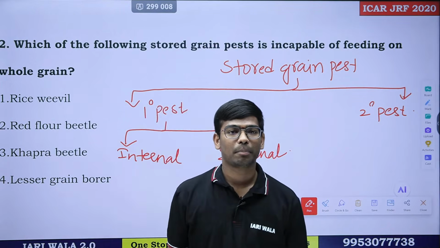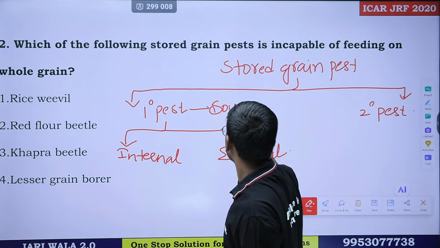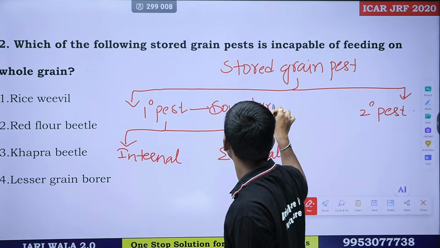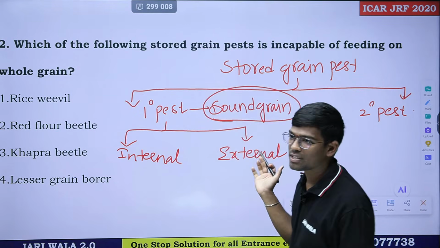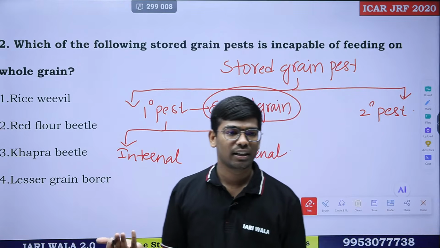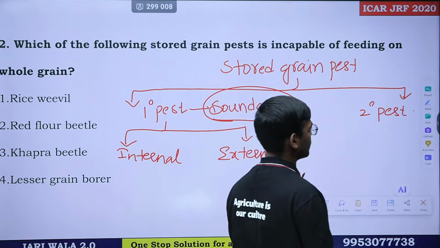So what is a primary pest? The pest which attacks the sound grain. And the secondary pest is opposite to it, which doesn't attack the sound grain and it attacks the milled products or the secondary products of the produce.